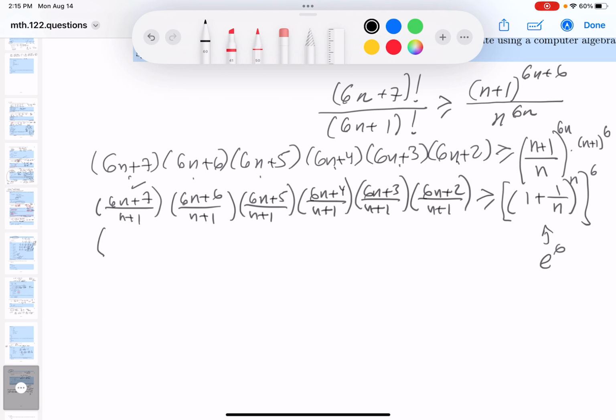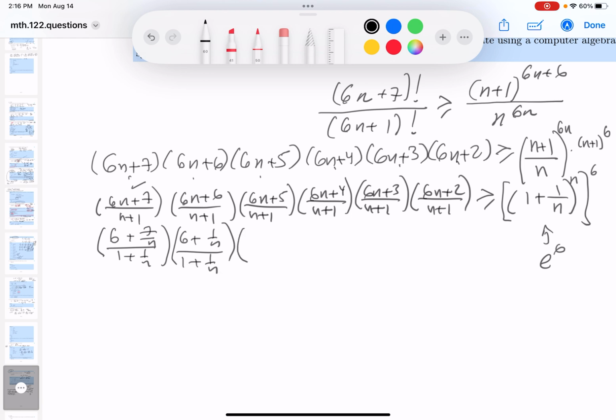And what do you get? You get 6 plus 7 over n, and at the bottom, you get 1 plus 1 over n. Here, again divided by n, you get 6 plus 1 over n. Actually, we could reduce that, but let me just keep going with it. And you get 1 plus 1 over n.